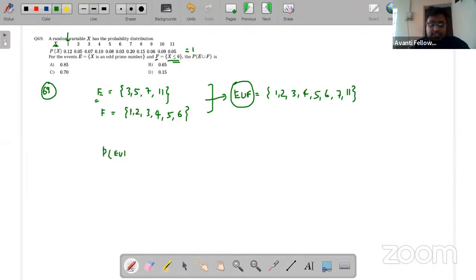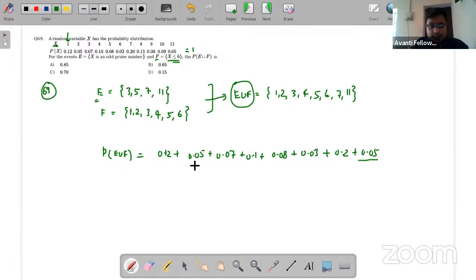We have to find the probability of E union F, means the probability of 1 and 2 and 3 and 4 and 5 and 6 and 7 and 11. So we add all the probabilities of getting these values. Probability of 1 is 0.12, 2 is 0.05, 3 is 0.07, 4 is 0.1, 5 is 0.08, 6 is 0.03, 7 is 0.2 and 11 is 0.05.